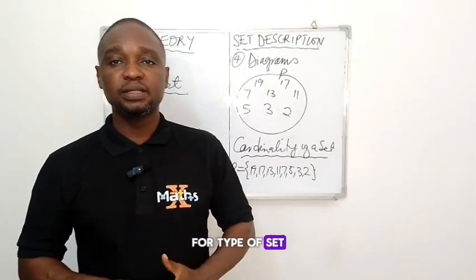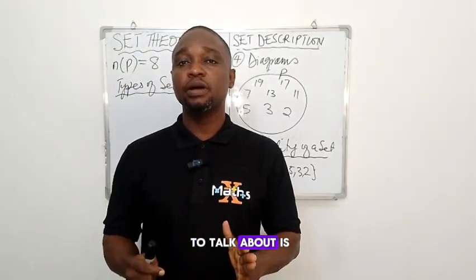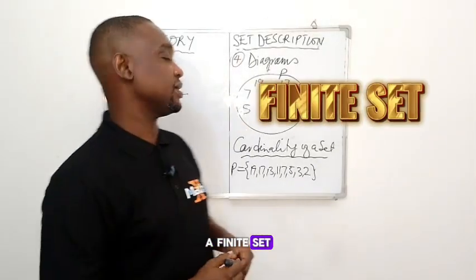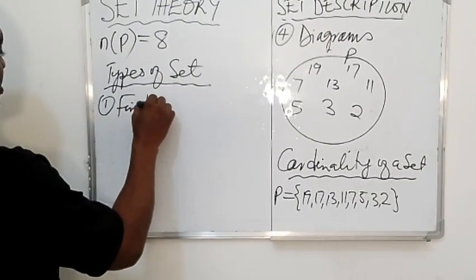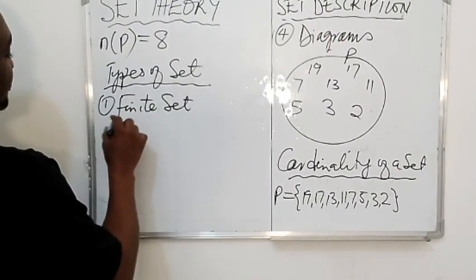For types of set, the first type of set I want us to talk about is called the what? A finite set. So number one, a finite set.